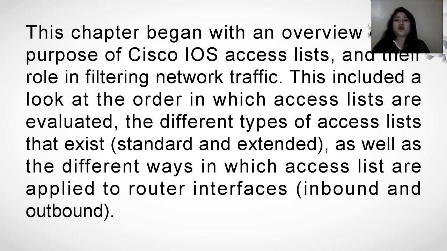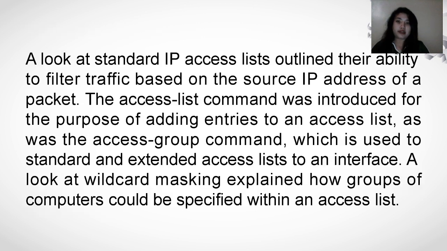This included a look at the order in which access lists are evaluated, the different types of access lists that exist, such as standard and extended, as well as the different ways in which access lists are applied to router interfaces, such as inbound and outbound. So the implicit deny all statement at the end of every access list was also discussed.